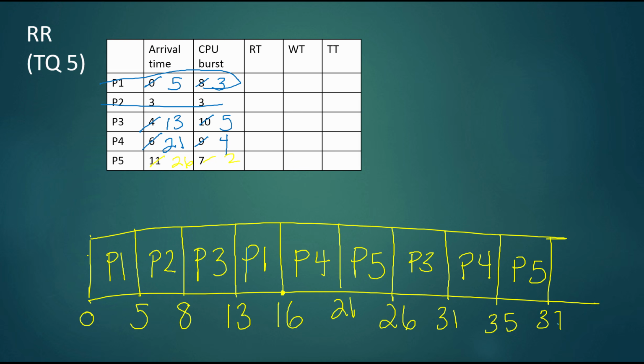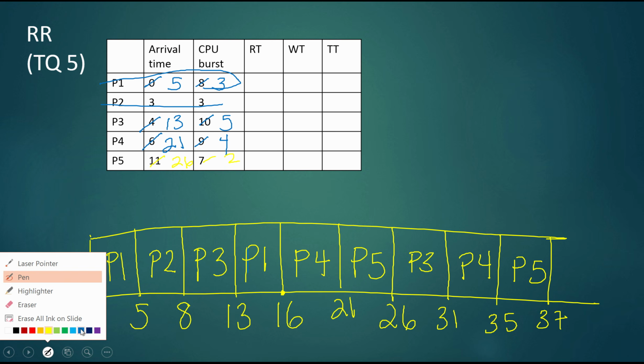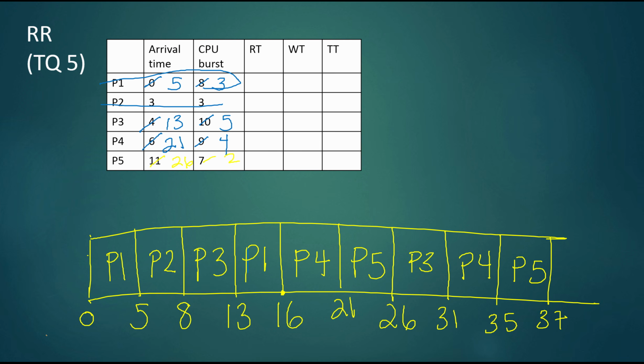So the total time it took to complete these processes was 37 time units. Since we have 100% CPU utilization, if you add up all the CPU bursts, that should equal 37, which I checked, and it does.